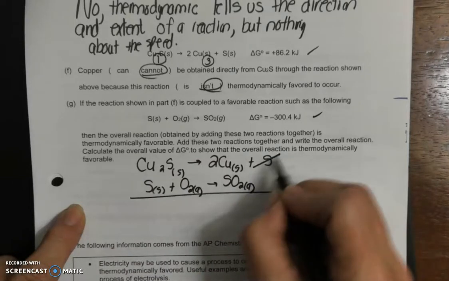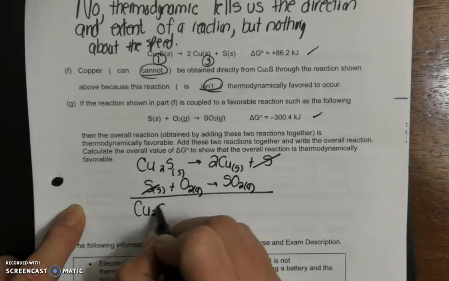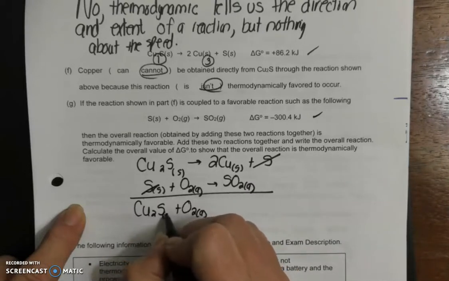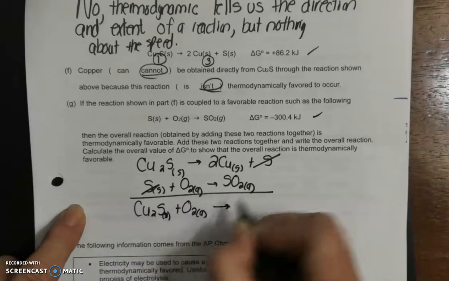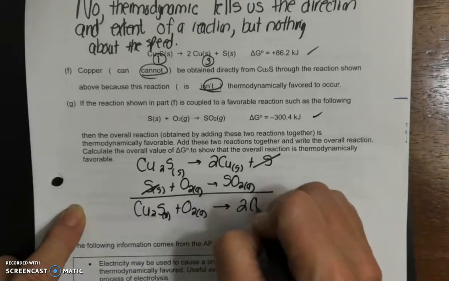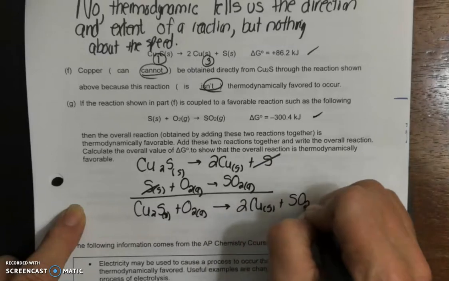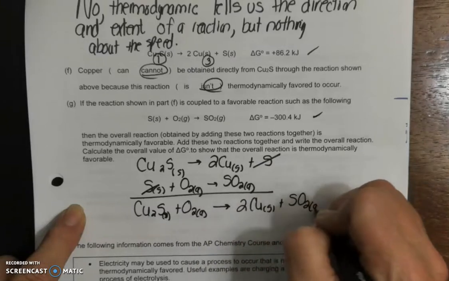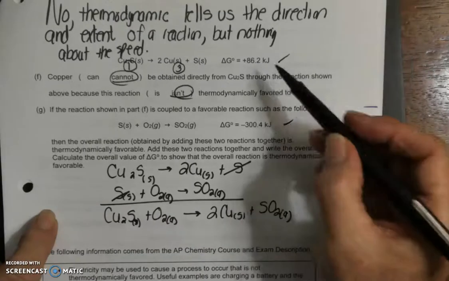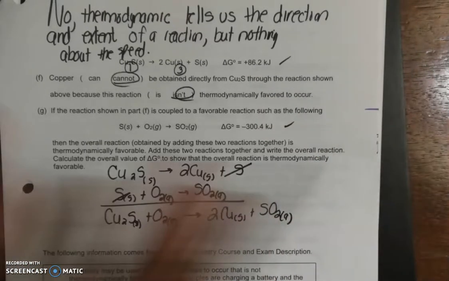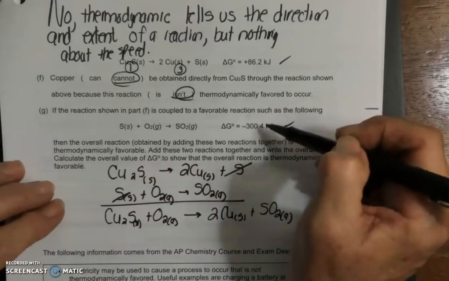And I'm going to cross that out. I get copper sulfide plus O2 gas. This is a solid. Gives 2 copper solid plus SO2 gas. Right? Now, because I have coupled, or coupling means to bring together, I just bring these together.